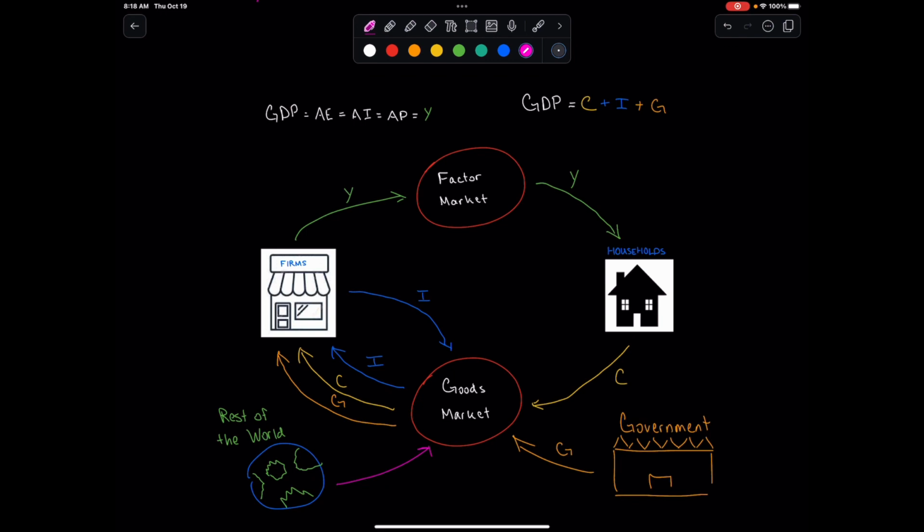Exporting is the rest of the world buying goods and services from our factor market, which puts resources in this cycle. So that is another thing we have to consider. So X for exporting. Great.